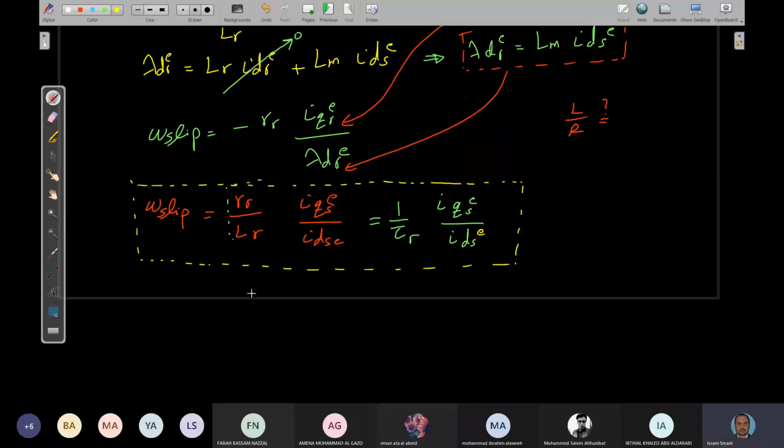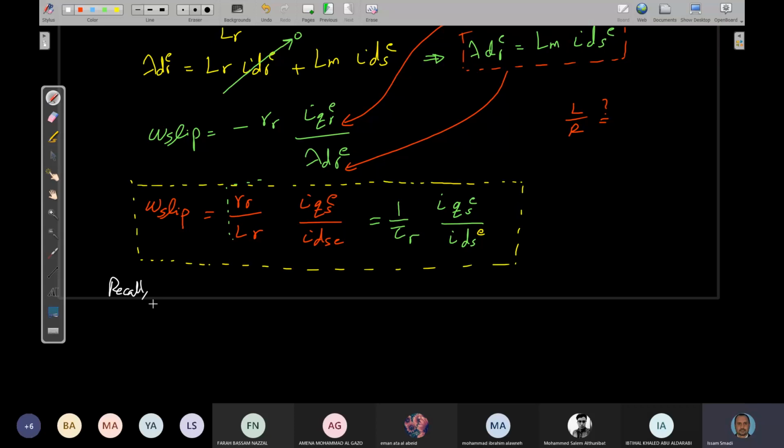Good. Yeah. So now let's recall the torque, to see what advantage I can get when I align the rotor flux to be pointing toward the D axis of my synchronous reference frame.